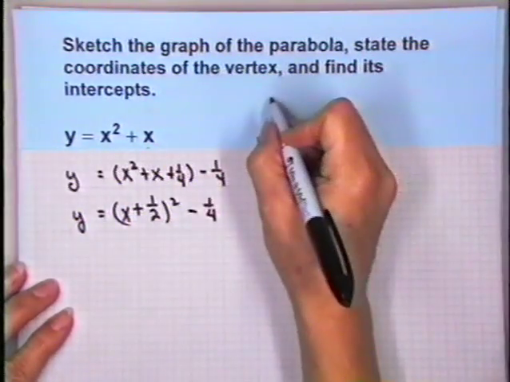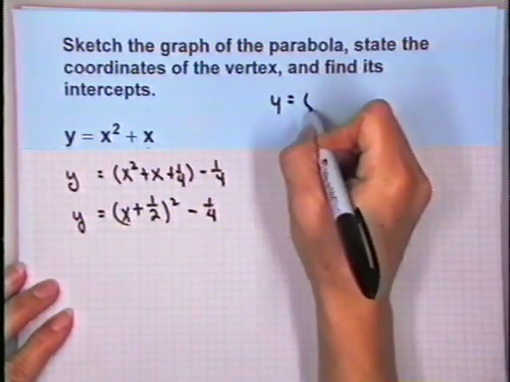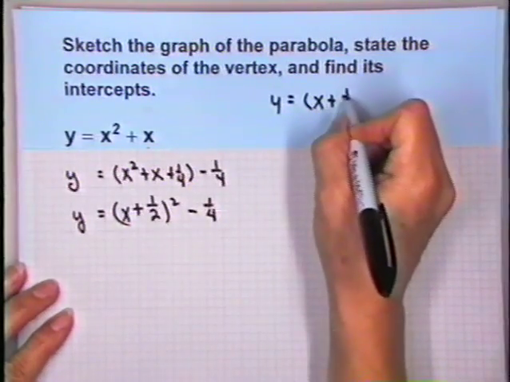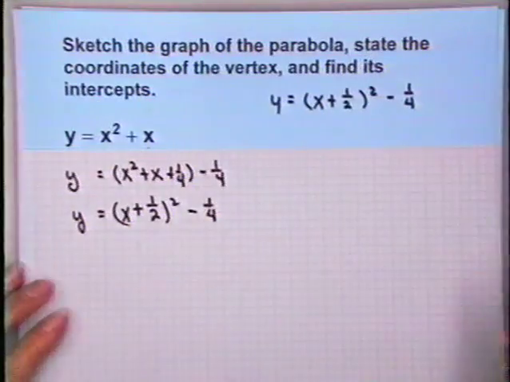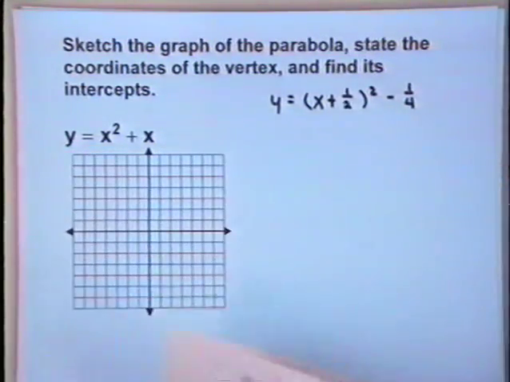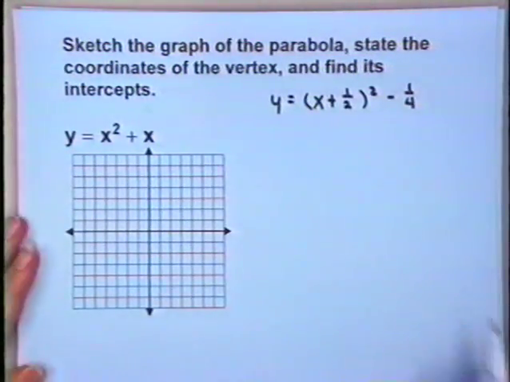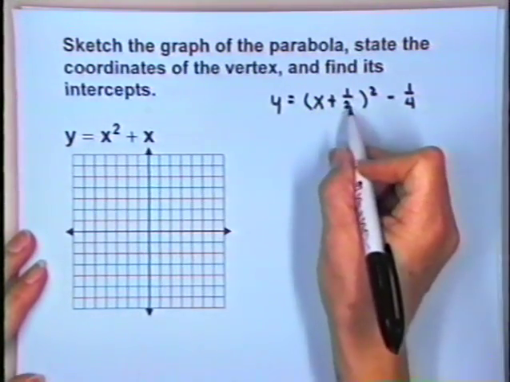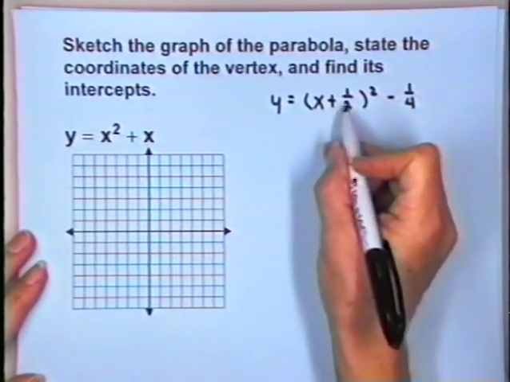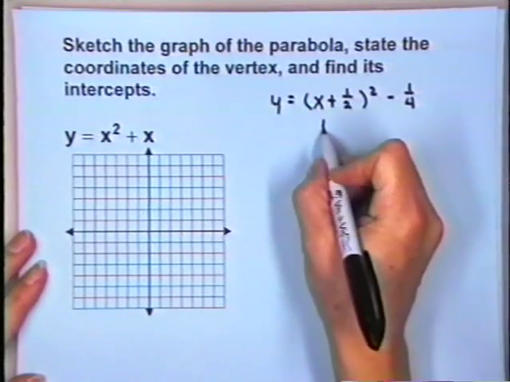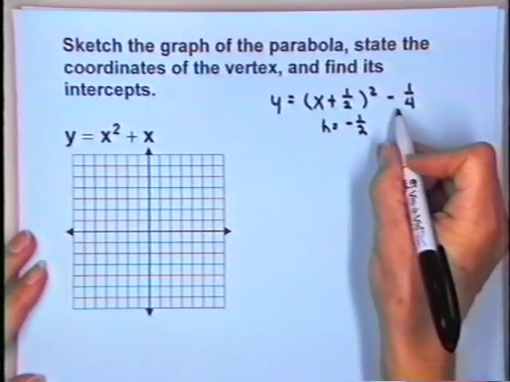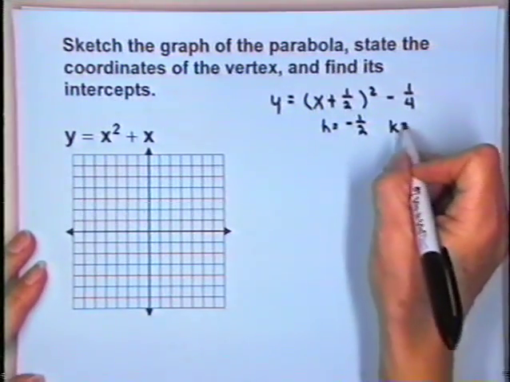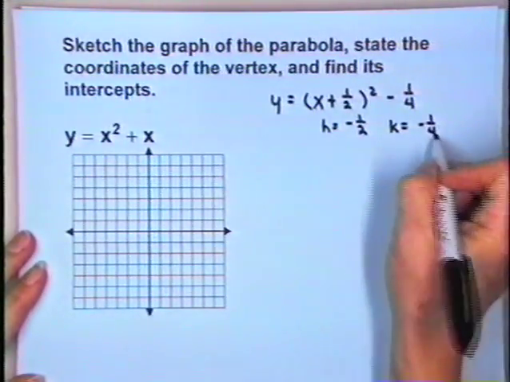Okay? So let me write that up here. Y equals x plus 1/2 quantity squared minus 1/4. That's what we got when we completed the square here. Now, remember this should say x minus h. Since that's a plus 1/2, that's going to give you what? H is negative 1/2, isn't it? And plus k, what's k? Negative 1/4.